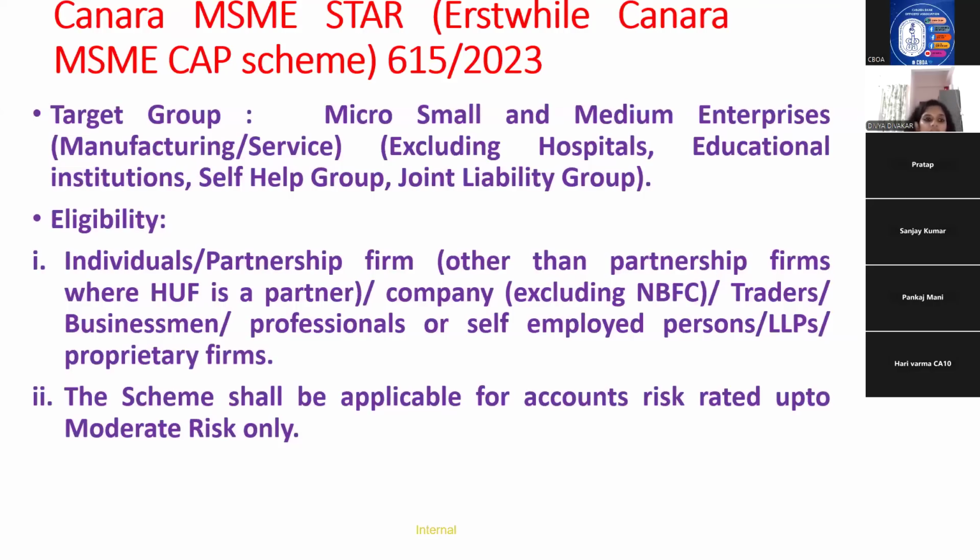What is the eligibility here? Individuals, partnership firms other than partnership firms where HUF is a partner, companies, traders, businessmen, professionals, self-employed persons, LLPs or proprietary firms. The scheme shall be applicable for accounts risk rated up to moderate risk only.